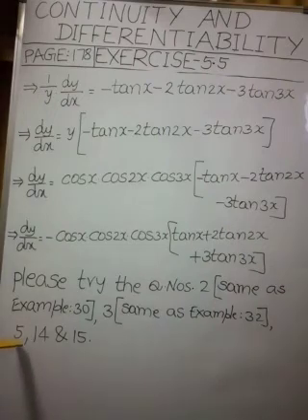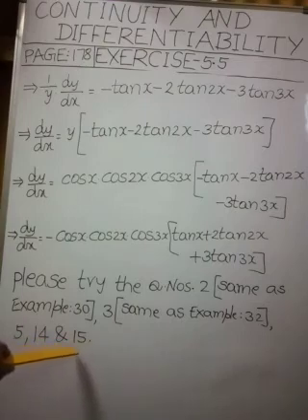After that, question number 5 in the exercise, question number 14 and question number 15. All these questions are of type 1, because there is only one term in the given function. Okay, my children, will you try it? Will you make an effort to do the sums, my dear children? Right.